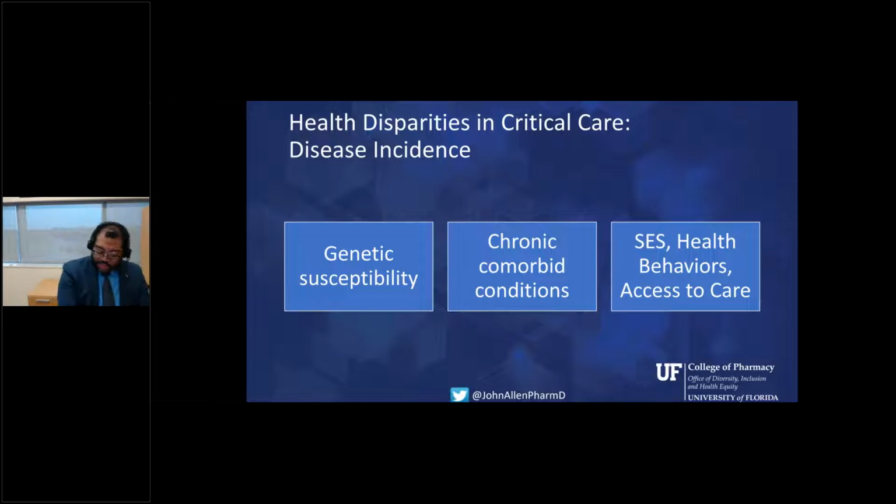Let's first talk about genetic susceptibility. Genetic variations can alter host immunological response and certainly modulate the risk for infection and critical illness. The literature suggests that several variants of genes involved in inflammatory and innate responses to infection have been shown to have different allelic frequency by race and gender.